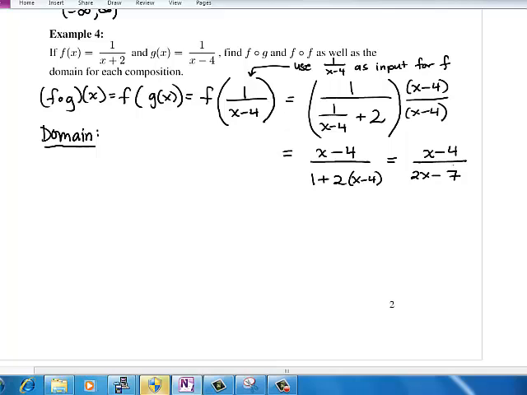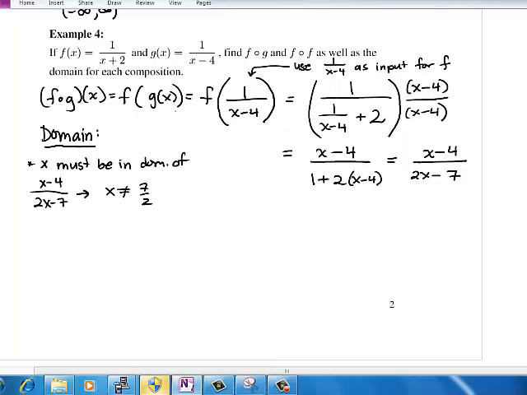Notice that if we just look at the final formula, x must be in the domain of x minus 4 over 2x minus 7, which means x cannot be 7 halves, or 3.5, because we can't have a 0 in the denominator.